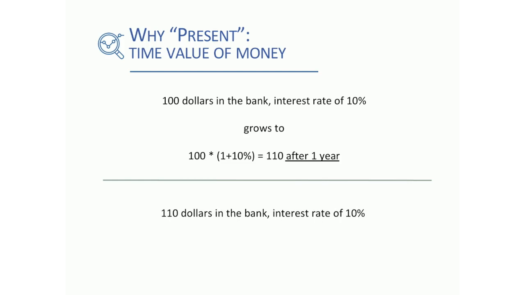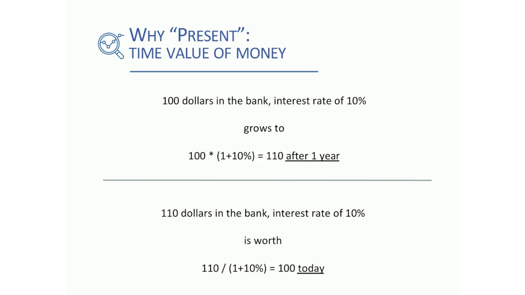Let's imagine that instead I tell you that you will have $110 in your bank account in 1 year, and that the interest rate is 10%. The question that I'm interested in here is, how much are those $110 worth today? How much is that bank account worth today?